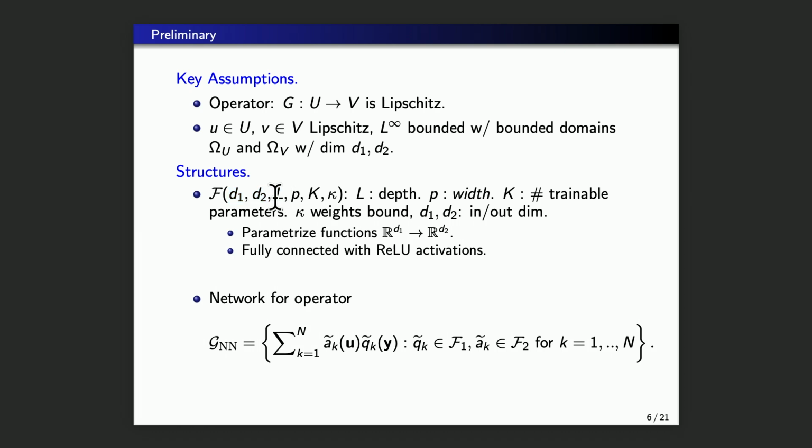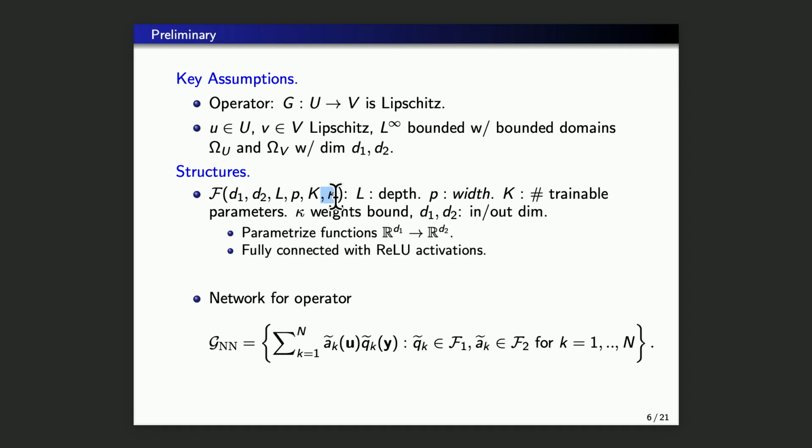L denotes the depth, or how many layers we have, and P is the width. So basically, for each layer we have a matrix, and what is the size of this matrix? K is the total number of trainable parameters, and kappa is the bound of the weights. We need to understand this, then we can estimate the generalization error.